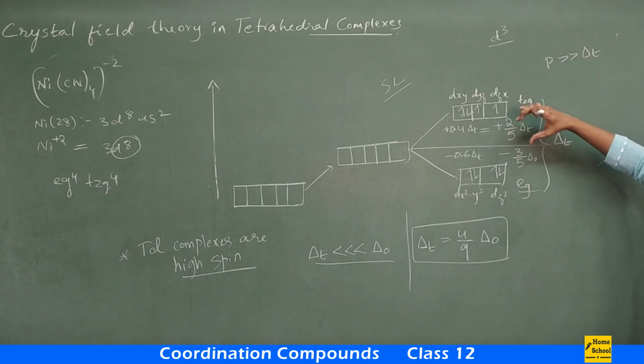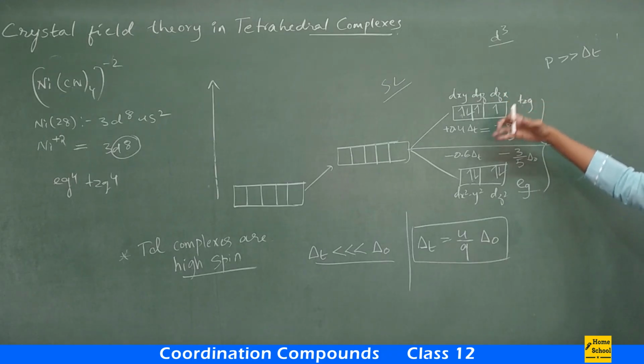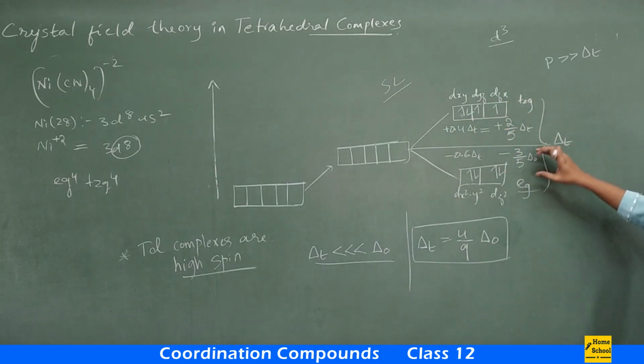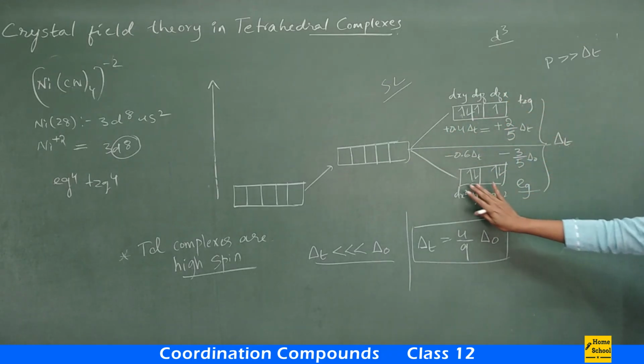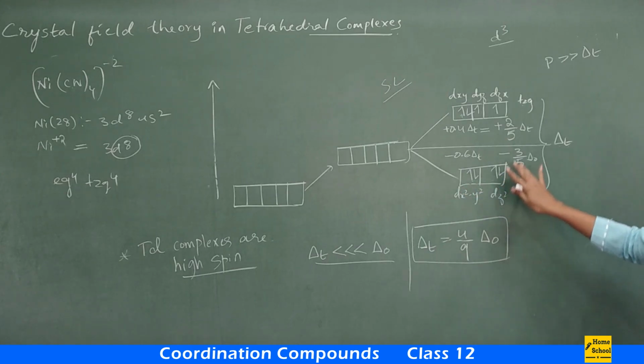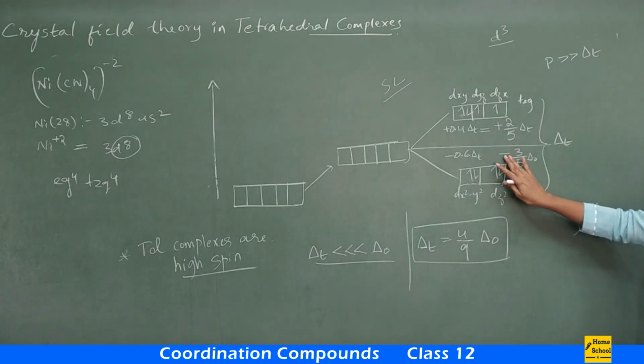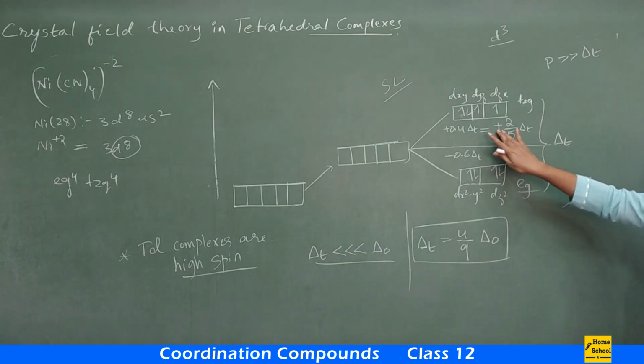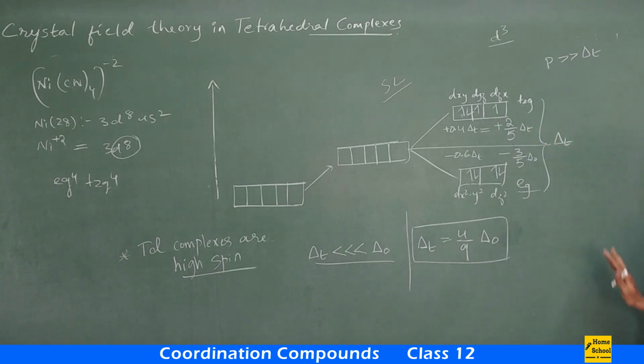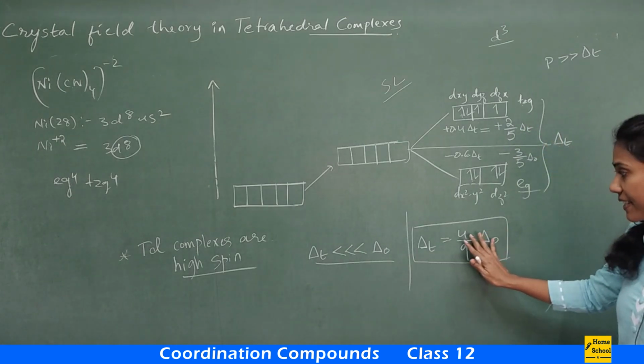So this much extent the energy of these orbitals has increased compared to our original energy, and to this much extent the energy of these orbitals has decreased. Minus means decrease in energy, plus means increase in energy. And don't forget this relationship.